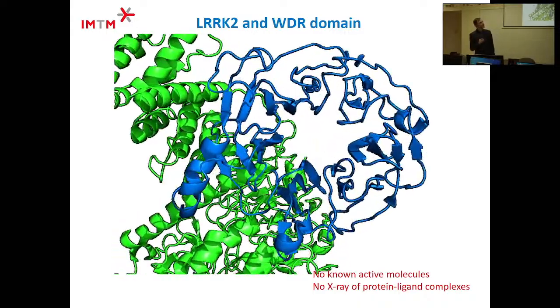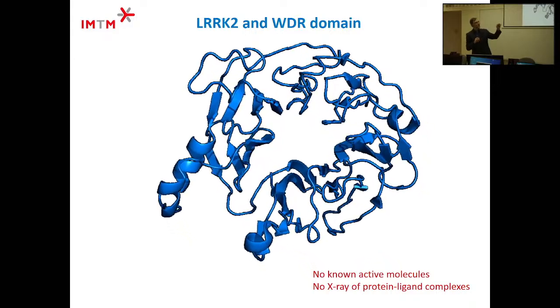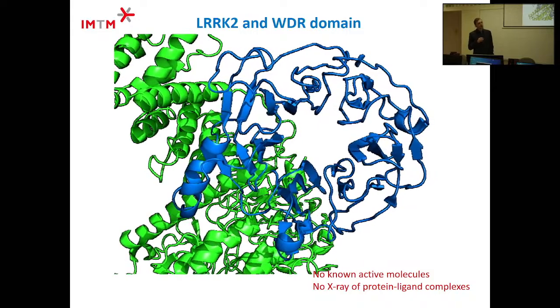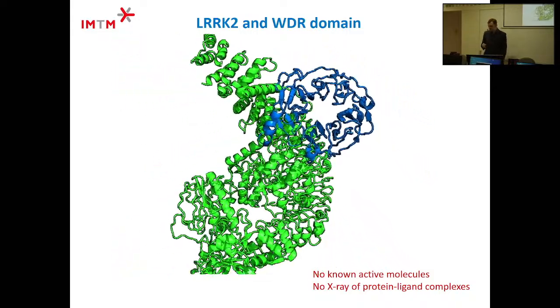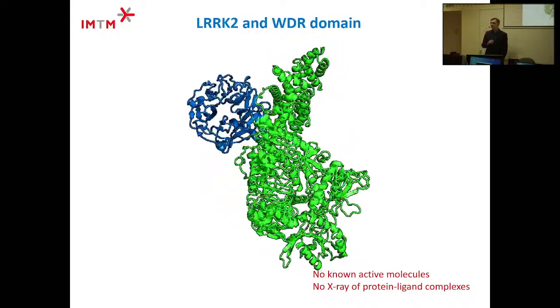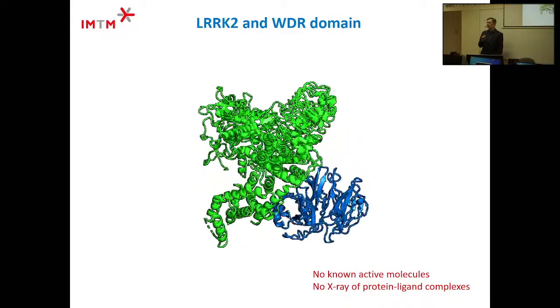As you can see, it's like a donut with a large pore inside, and the binding site is probably somewhere in the middle. And this creates the first challenge, because we don't have anything except the crystal structure of the protein in unbound mode.